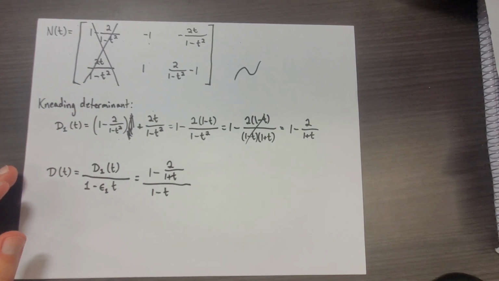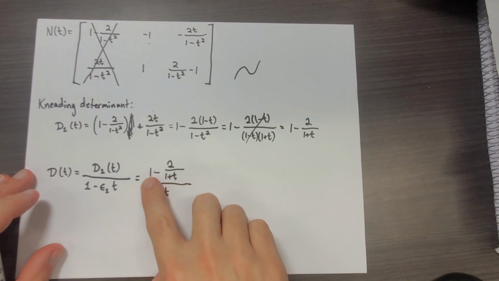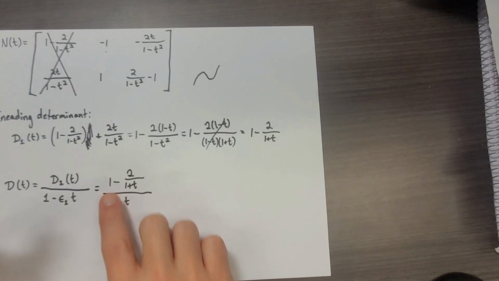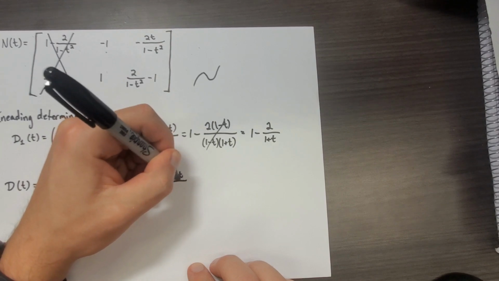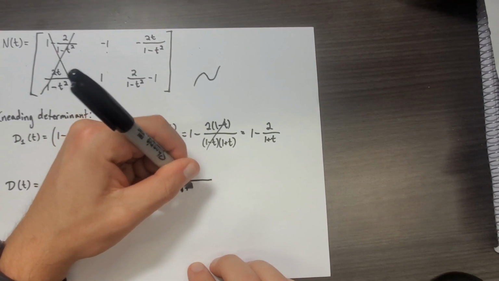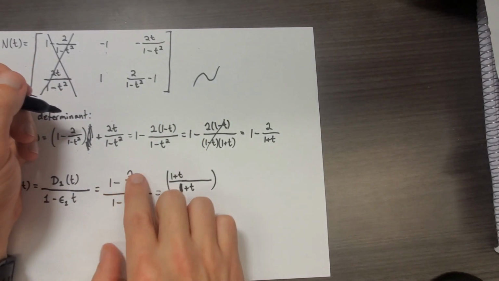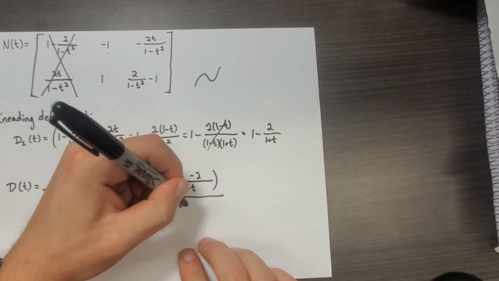And I can simplify this, of course. I have to get a common denominator up here in the numerator. So I'm just going to make this 1 plus t over 1 plus t, 1 plus t, and then minus 2. And on the bottom I've got 1 minus t.